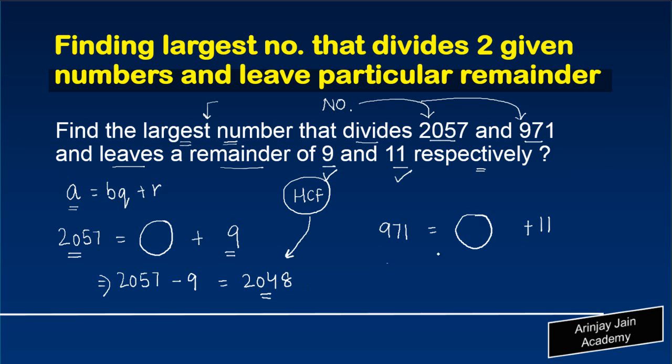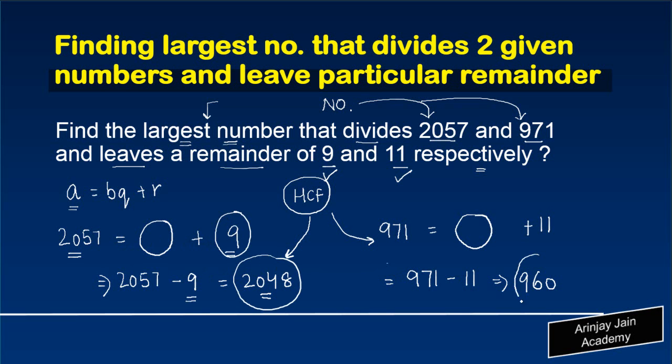Similarly, it will divide 971 minus 11, the remainder, or 960, exactly. Are you clear? Whenever a remainder of 9 remains from 2057, if I remove this remainder, whatever is remaining will be exactly divided by that number.